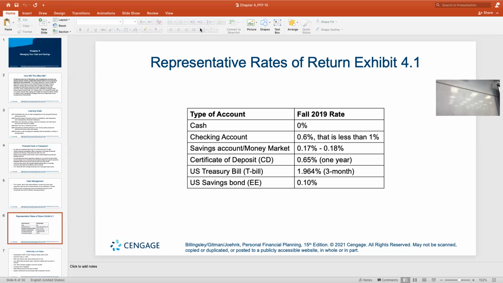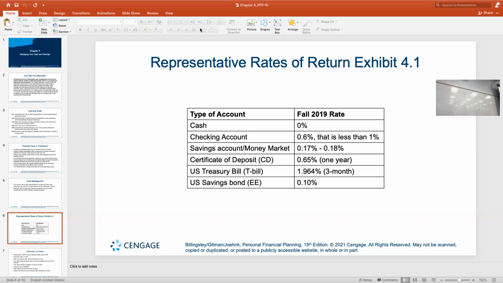And so you want to be sure of the timeline. At this point, I would not buy a 5-year CD and tie my money up for 5 years because interest rates are edging up. But if I wanted to buy a CD, I might buy a 1 year or 2 year CD. So you can see that CDs are going to pay a little bit more. Of course, you get a 3-month one. This is higher, better than I've seen in years.